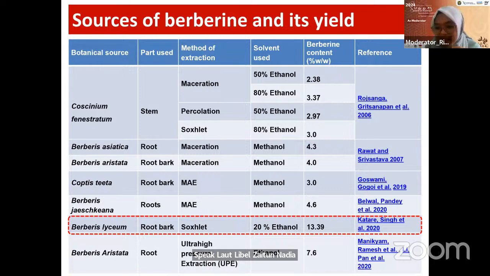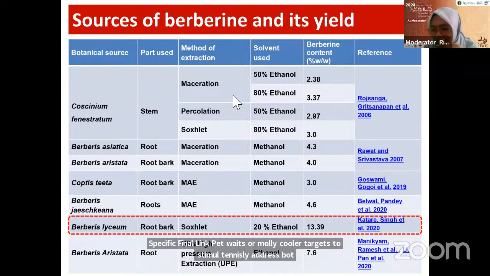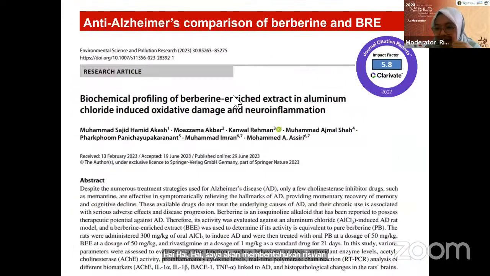In your article, given the complex interplay between oxidative stress, neuroinflammation, and neurodegenerative processes, how does the berberine enriched extract modulate specific signaling pathways or molecular targets to simultaneously address both oxidative damage and neuroinflammation induced by aluminum chloride?